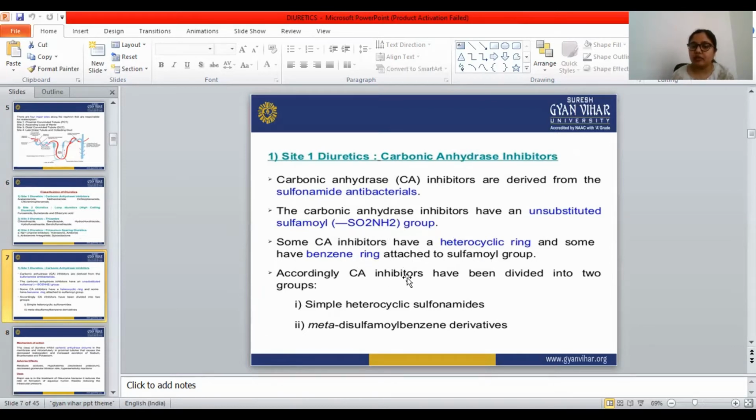Accordingly, depending upon the heterocyclic ring and the benzene ring, the carbonic anhydrase inhibitors are divided into two groups: simple heterocyclic sulfonamides and meta-disulfonyl benzene derivatives.